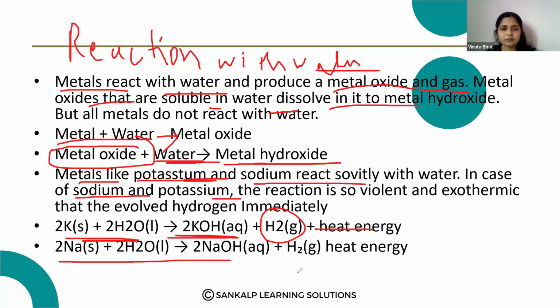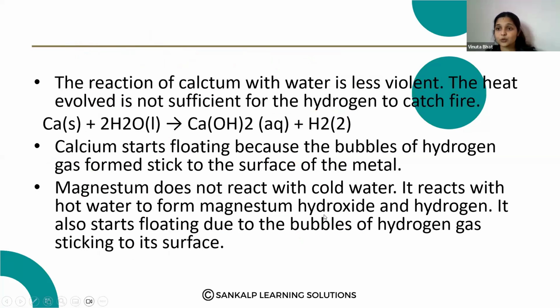And when sodium reacts with water, it forms sodium hydroxide, hydrogen and heat energy. Here the question is how metals react with water. I have taken many examples; you can take two to three examples.